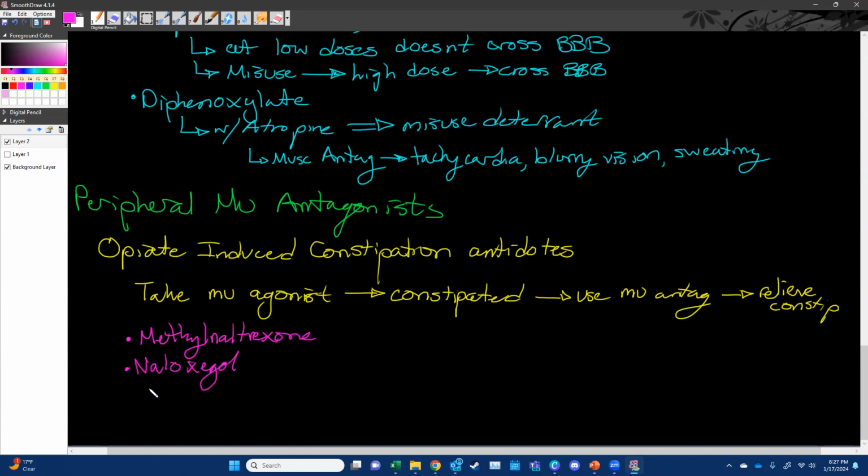So methylnaltrexone, naloxegol, alvimopan, and now naldemedine. Expensive drugs as well.